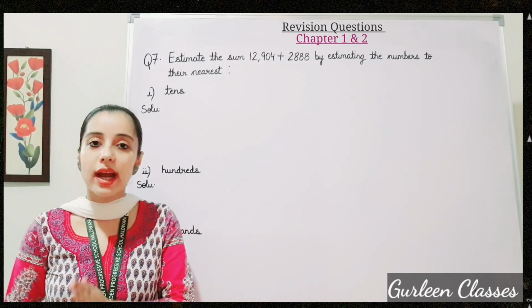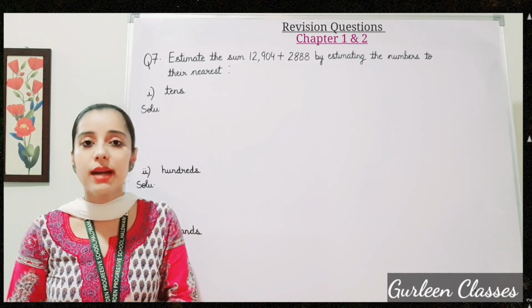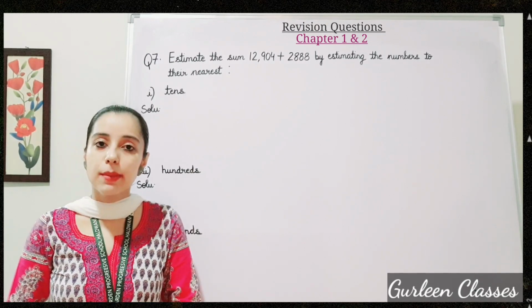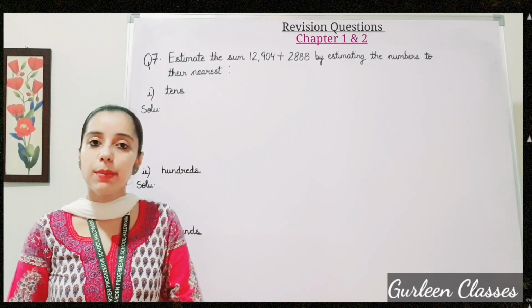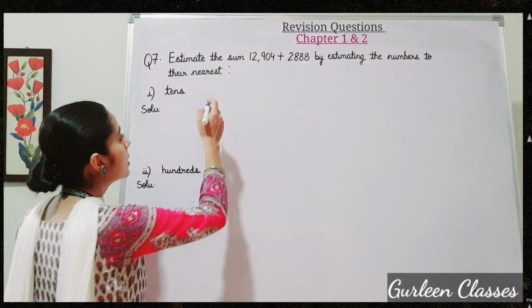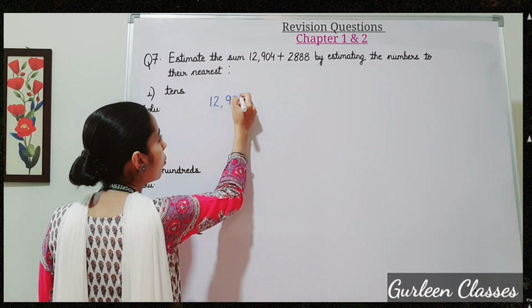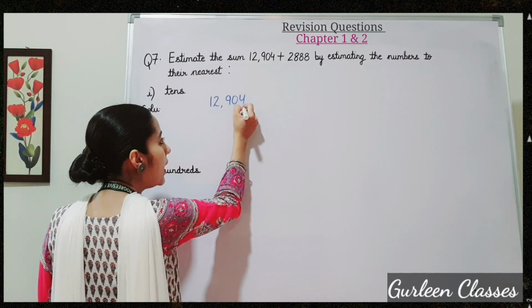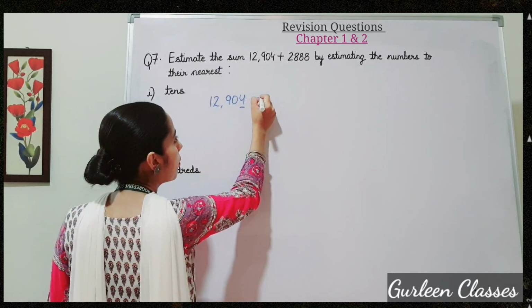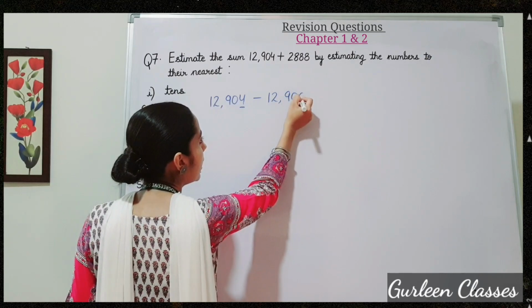We put 0 at ones place, and just before digit, that is 10th digit, we add plus 1. And whenever the number is less than 5, we simply put 0 at ones place. So let us solve this question. The number is 12,904. At ones place, number is less than 5. What you will do? You will simply put 0 at ones place.